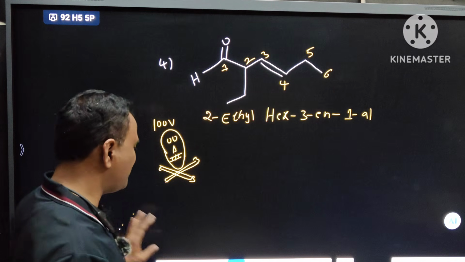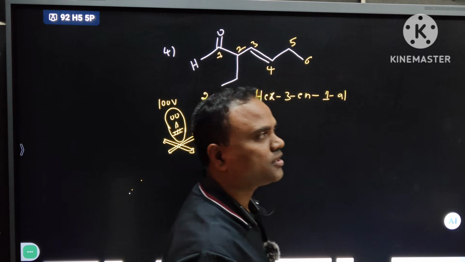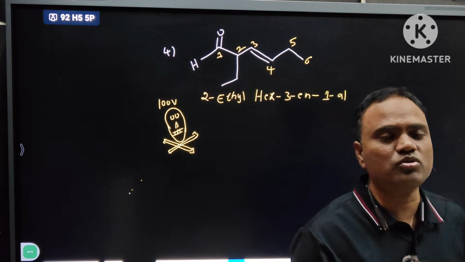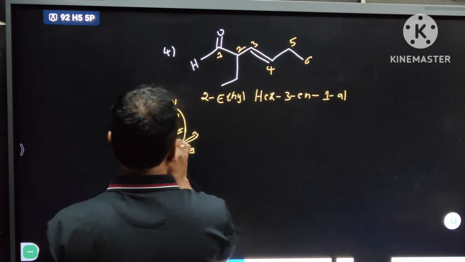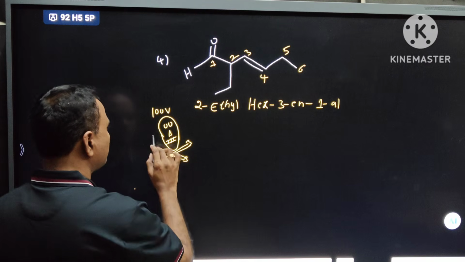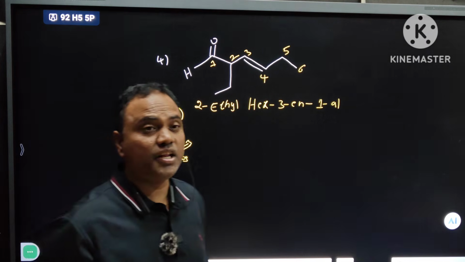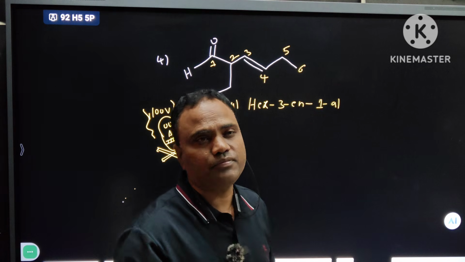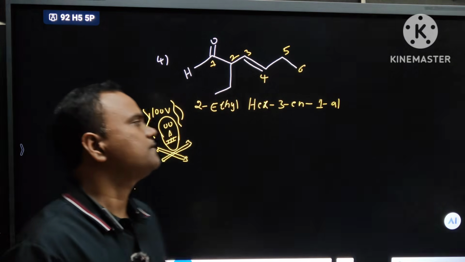Now onwards I'll give you symbols like this. 100 volt means important, 1000 volts means most important symbols. This is ghost rider. Flames. A very important point or important example we are going to discuss.